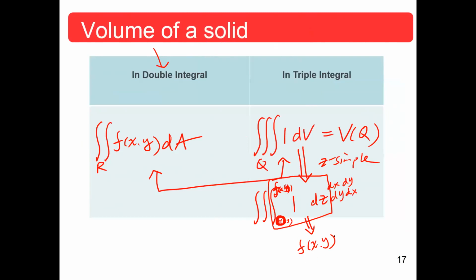Then this part would just be f of x y, which is the same as here. And then dy dx, which is basically dA, the differential of the area. And what's left over in these two would just be the region R. This may sound abstract, but when you actually do the problem, you can see the similarities. Even though it looks different, the triple integral and double integral give you the same answer for the volume of the solid. It's just a different way of setting it up.